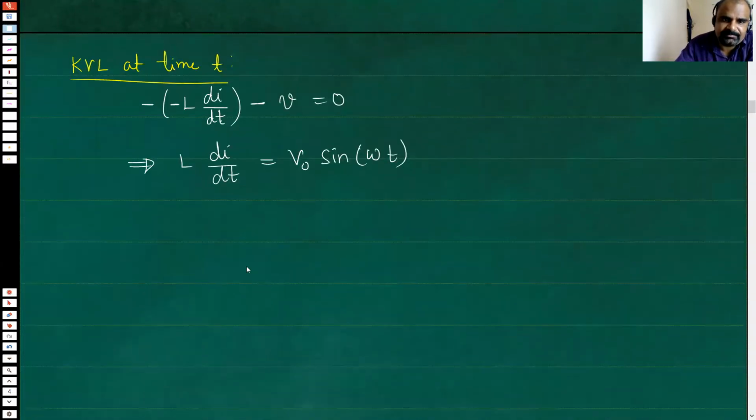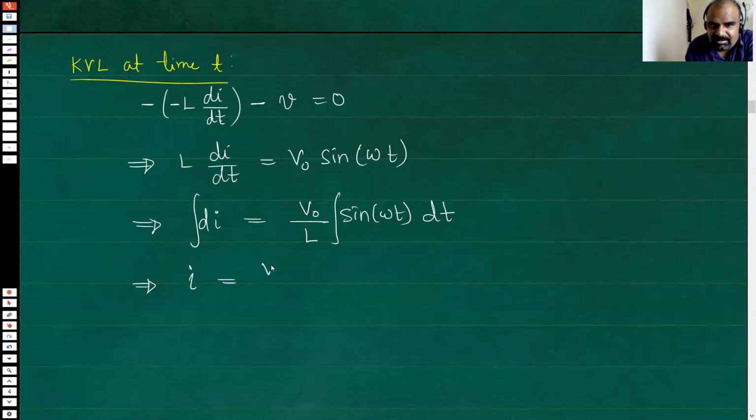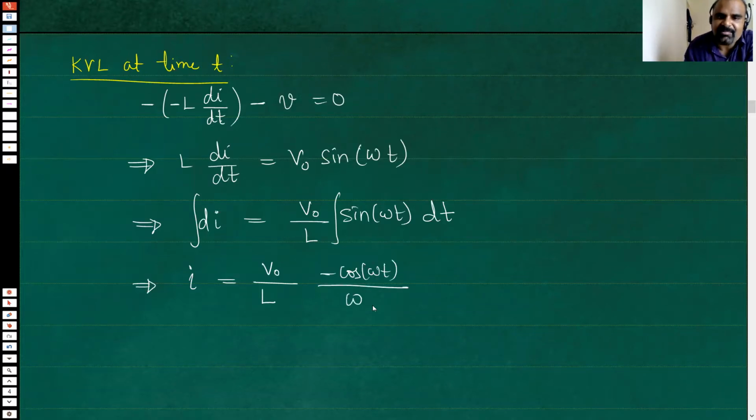Now we want to find current. We are always interested in current. So this L will be here, and then sine omega t, and this dt I also brought to that side. Now we will put the integration sign. So the integration of di will be I, and V naught by L. Integration of sine is minus cos, and since it is omega t, the coefficient of t is omega, so it will get divided by this, plus an arbitrary constant c, because this is an indefinite integral.